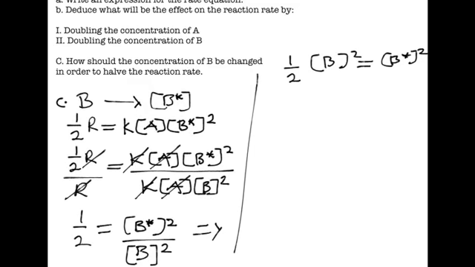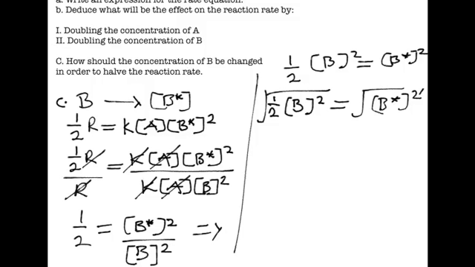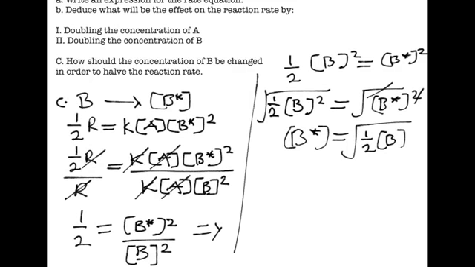So because this is squared, let's take the square root of both sides. So the square root of half B squared is going to give us the square root of B asterisk to the power 2. Now this is going to cancel out, so we now have B asterisk to be equal to the square root of 1 out of 2 B squared.